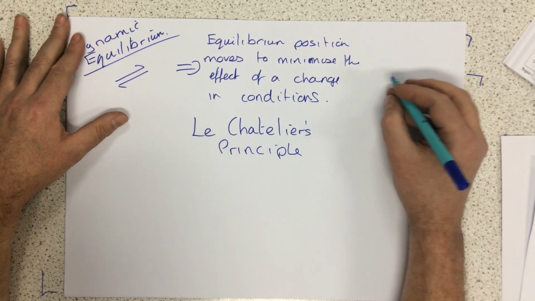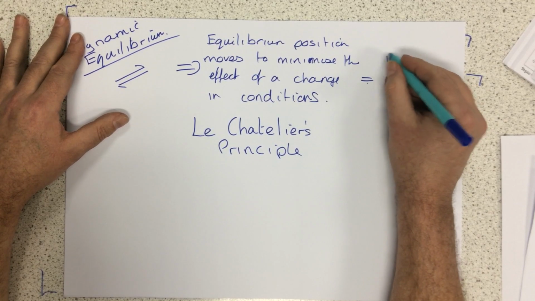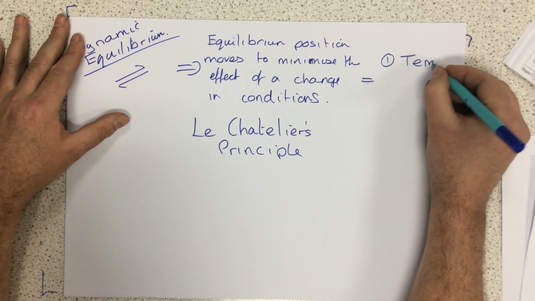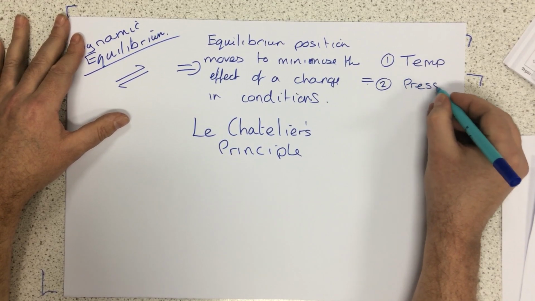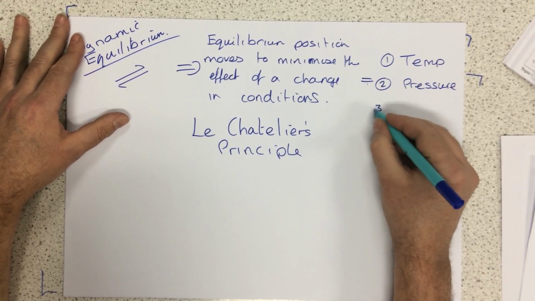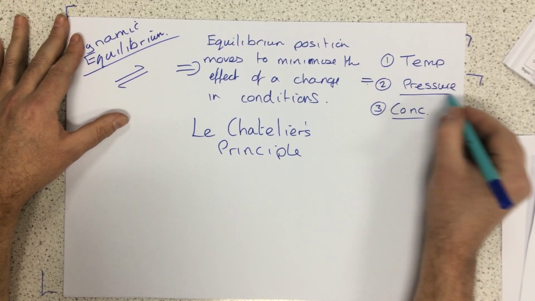There are three main ways that we can change the conditions in an experiment. We can change the temperature. We can change the pressure if we're dealing with gases, or with liquids, we can change the concentration.